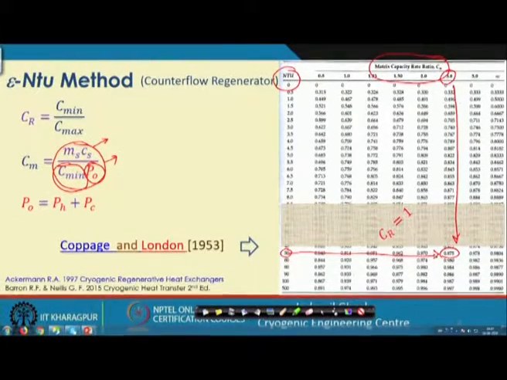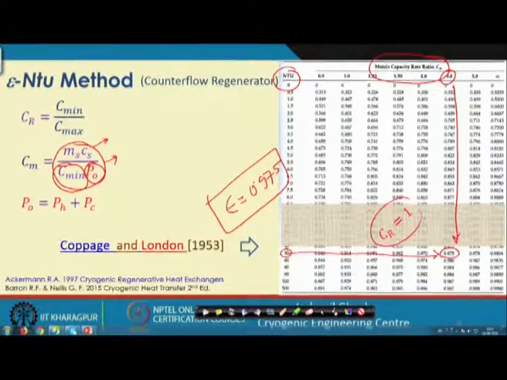So, the regenerator effectiveness is 0.975 corresponding to NTU equals 50 and Cm equals 3. Now, this particular solution has been obtained for Cr equals 1, when the regenerator is in balanced condition, or C min by C max is equal to 1. So, we will try to understand how best we can utilize this chart for designing and simulating the regenerators.